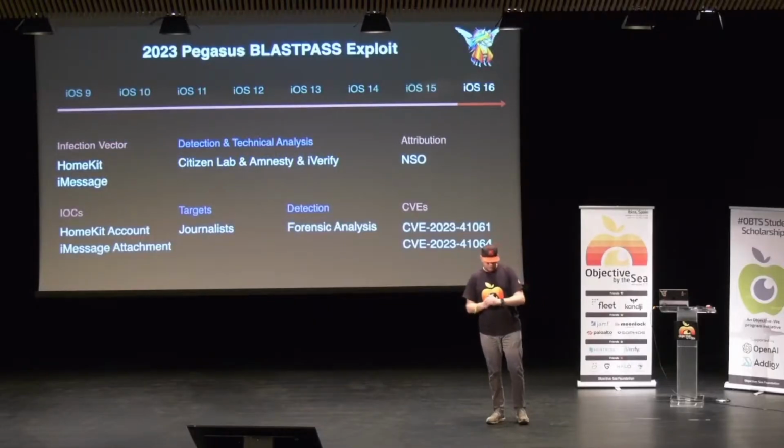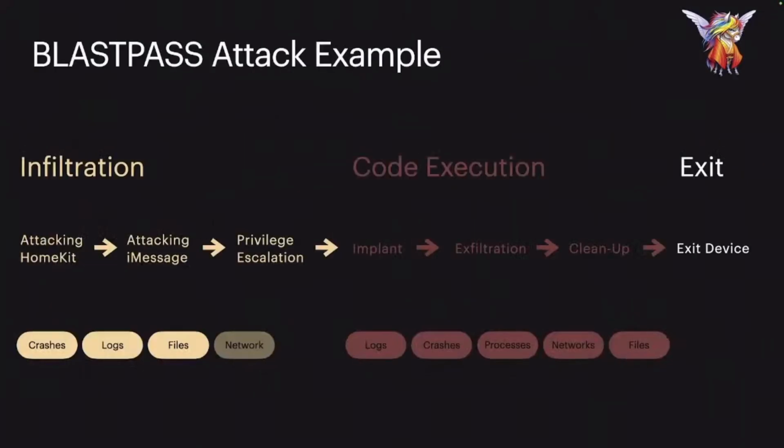Now, moving to Pegasus in 2023, we now have an infection vector that is actually a combination of HomeKit and iMessage, and this is a sample that we've analyzed. So we do understand this pretty well. So in that case, we had 25 crashes of the HomeD process. Then we had 35 crashes of the messages Placeboed service process.